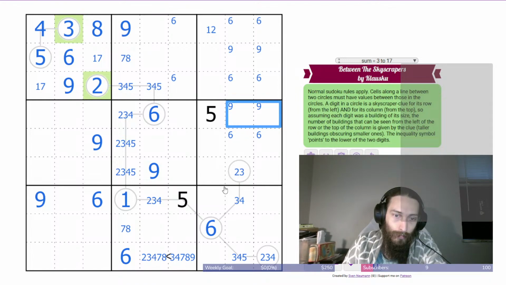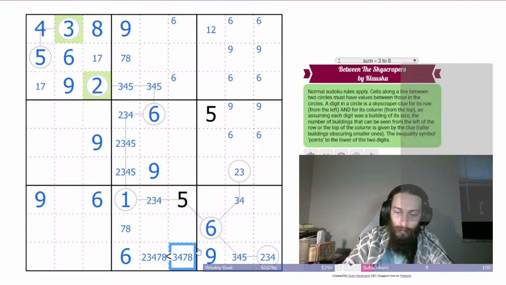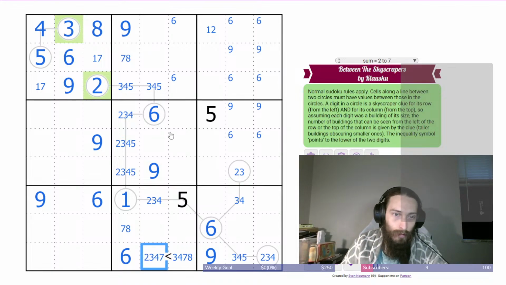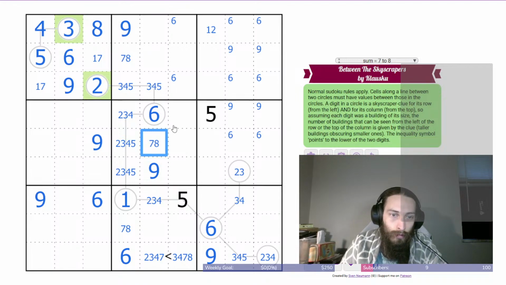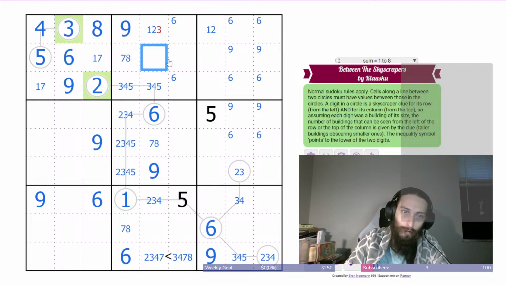And in box 5, between the 6 and the 9 has to be seen, so it's a 7 or 8. 7 or 8. And so this has to be in order. So this is 1, 2, 3, and then this is 2, 3, 4.